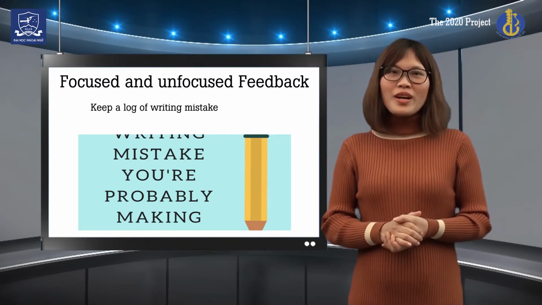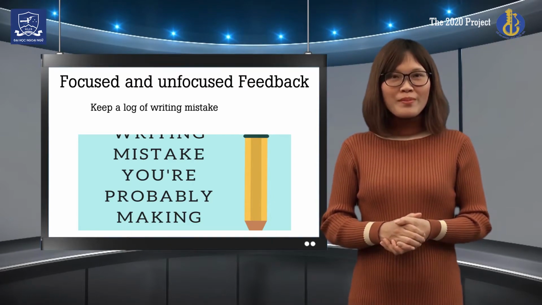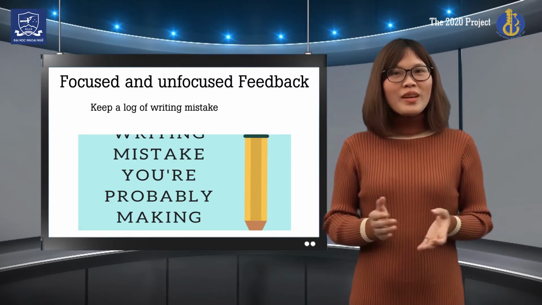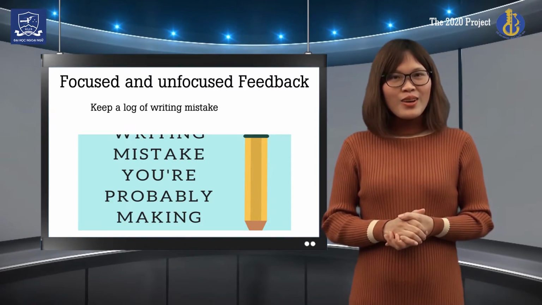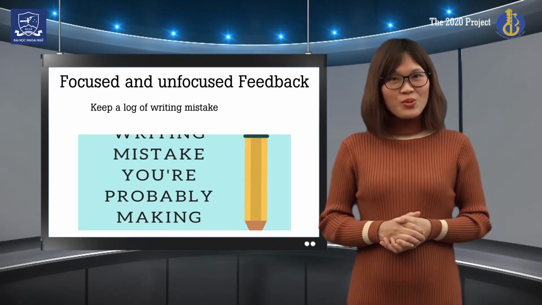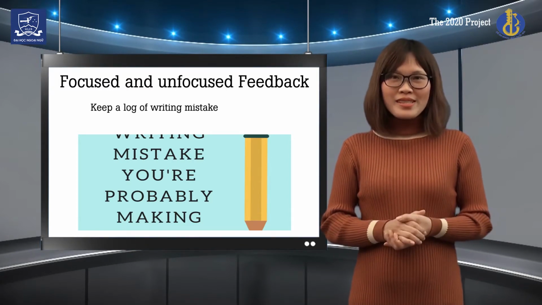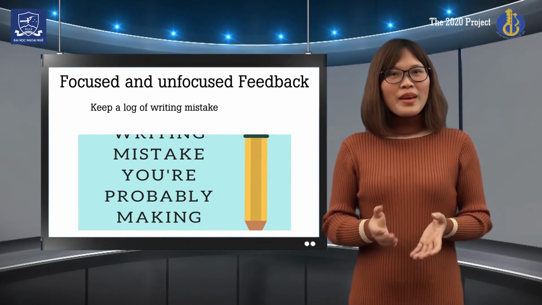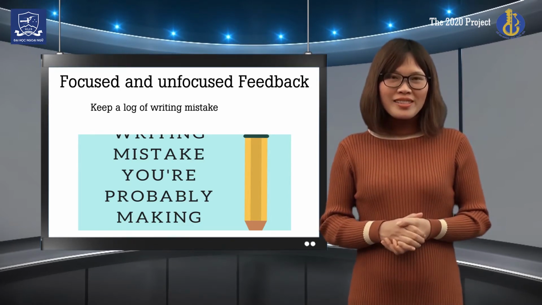So before students write, you could ask them to look at the mistakes that they have made before and try not to make these mistakes again. Or after they have written, you may ask them to check their work and look at the mistakes that they have made before, to see if they make the same mistakes in this writing.